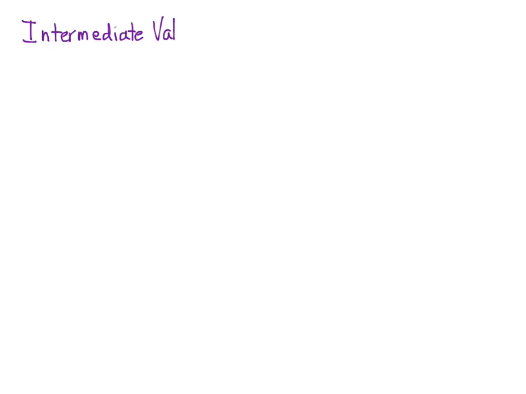All right, I mentioned the intermediate value theorem earlier. This is your first big theorem. This is one of the major theorems of calculus. We're going to have another theorem called the mean value theorem, which sounds like it should be the same thing because you think intermediate and mean are kind of similar words.